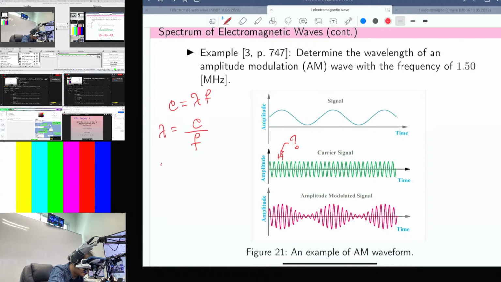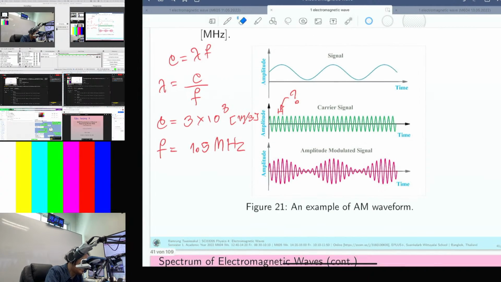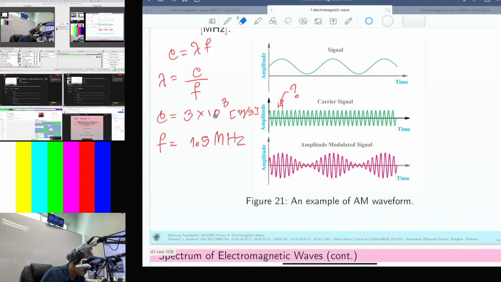And you know that c is 3 times 10 to the 8 meters per second, and f is the frequency, which is 1.5 megahertz. That will be the way: you just substitute this one to this position, and f like this to the denominator.